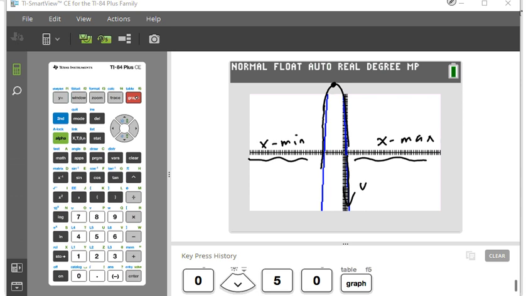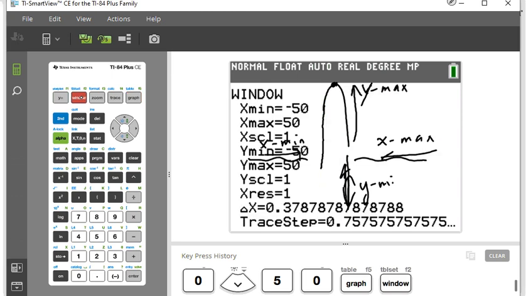I don't. My y min values I can bring up as well. But my y max, we can't see the vertex yet. So my y max needs to go higher, but everything else can be made smaller because I don't need to see all that. So let's go back to our window.